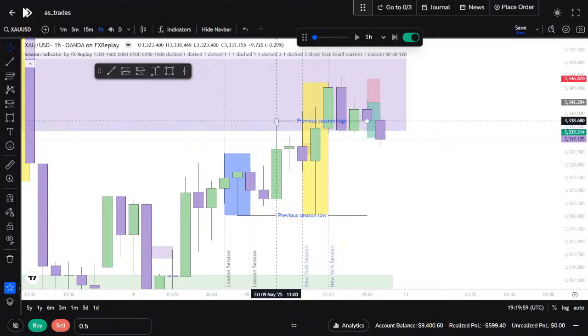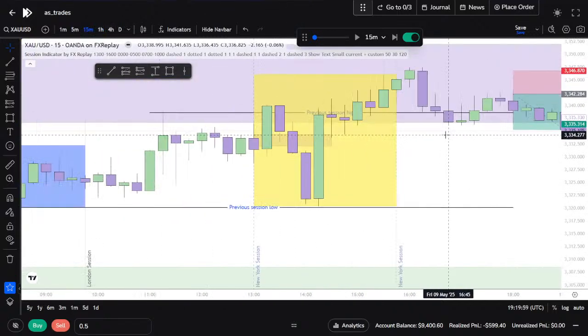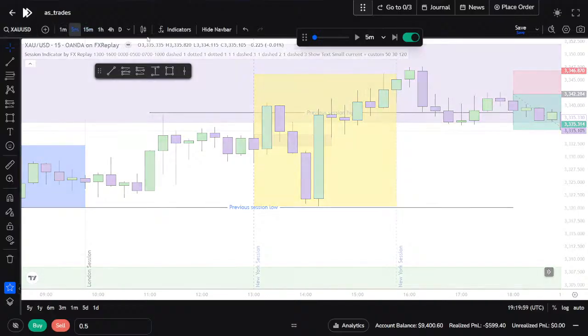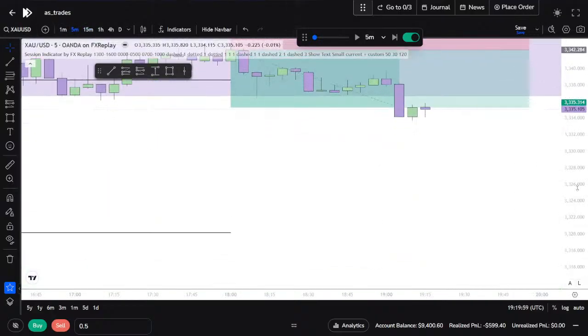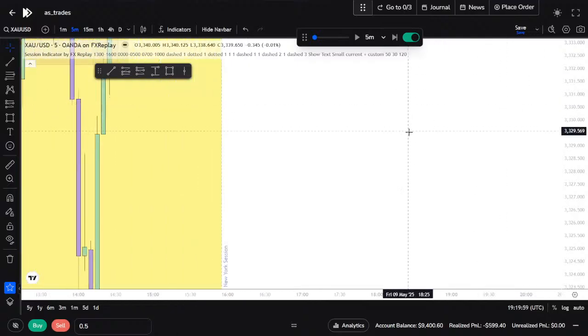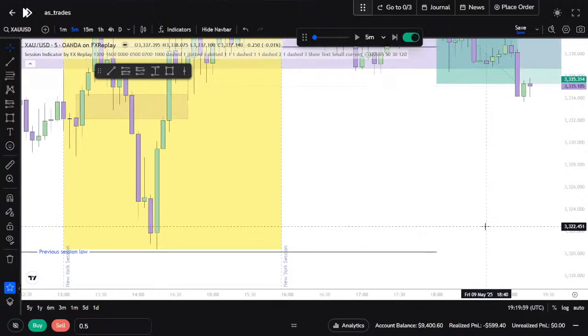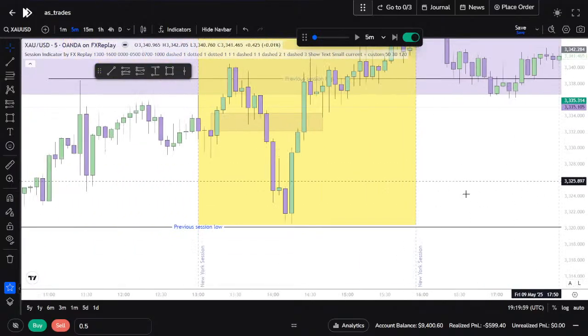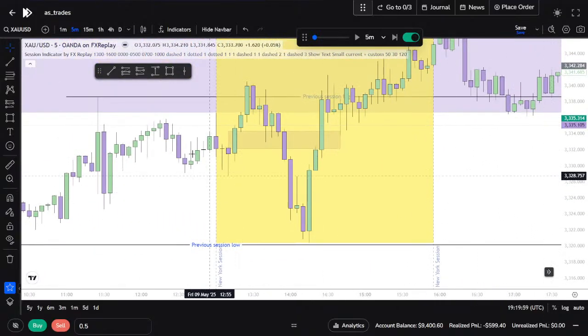I marked out the previous session high and previous session low, and then I went to 5 minutes, not 15, sorry. So that was the highs and the lows. This is where we started.